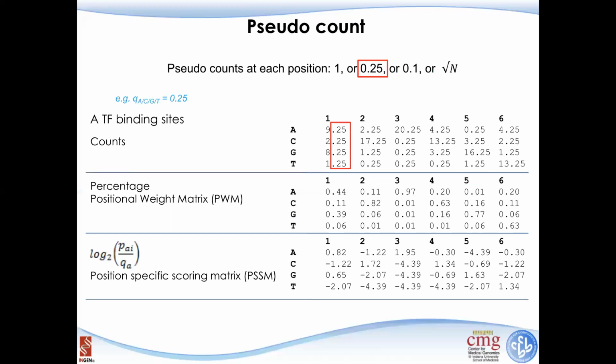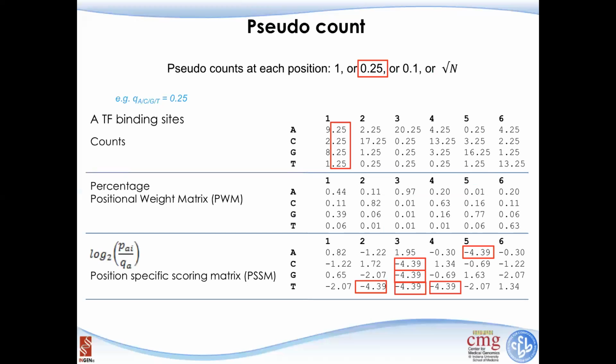Then we normalize it, and same as the previous one, we can get the positional weight matrix, and then we can get a non-infinity number here. Then whatever sequence you put here, you can always get a score, and then you can compare. That's the purpose of pseudo count.